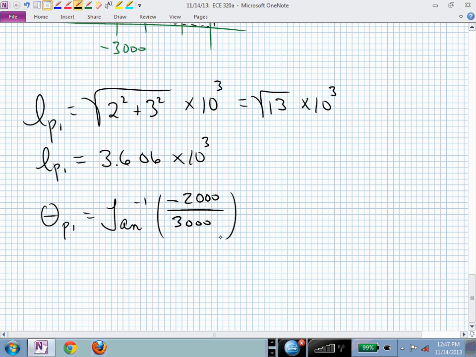It's actually minus 2,000 down. It's down 2,000, or a minus 2,000 over 3,000, and this now ends up being minus 33.69 degrees.